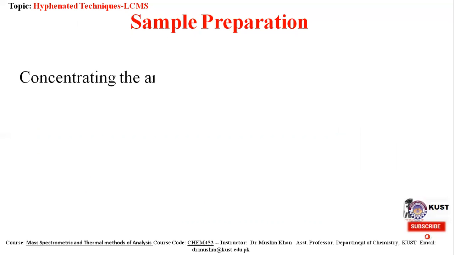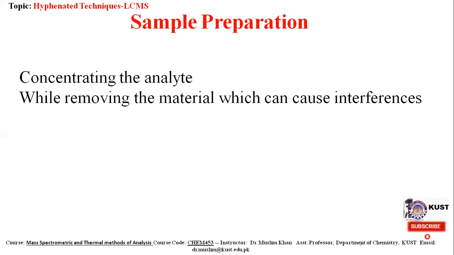Sample preparation is one of the keys in an HPLC-ICPMS system, concentrating the analyte while removing the material which can cause interference. Now you will see what interference can cause in an ICPMS system.